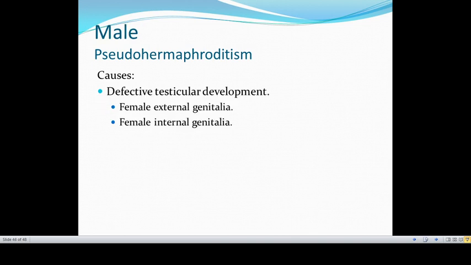Male pseudohermaphroditism. The male pseudohermaphroditism may result from defective testicular development. As the testes also secrete Mullerian inhibiting substance, these genetic males have both external and internal female genitalia.